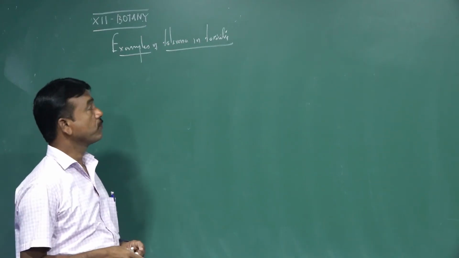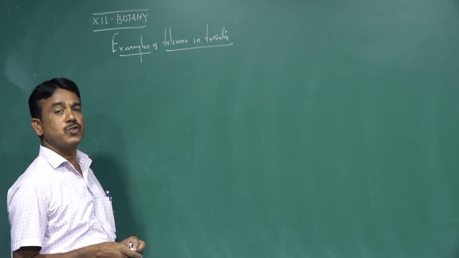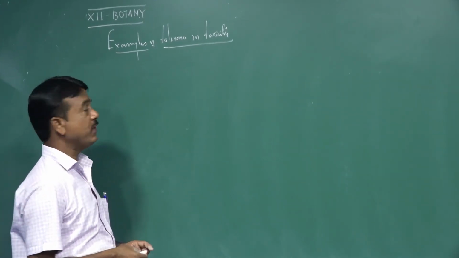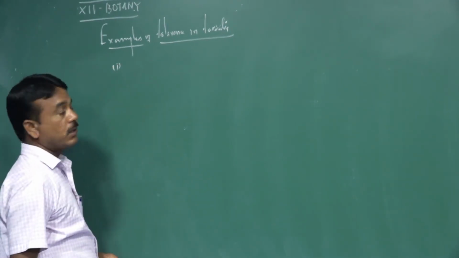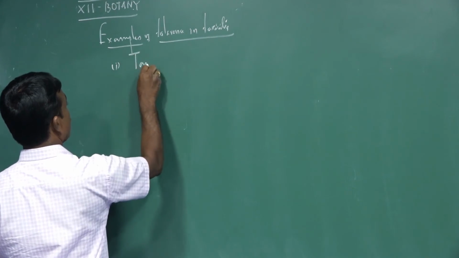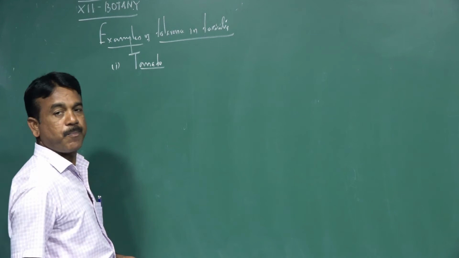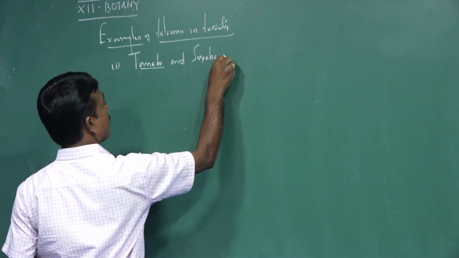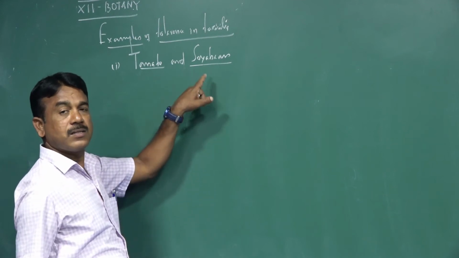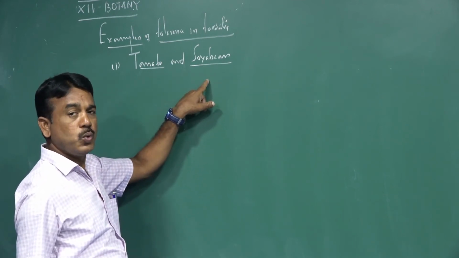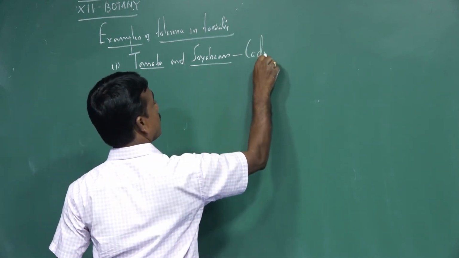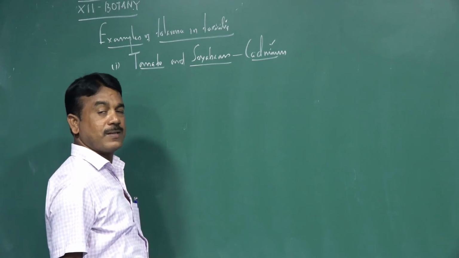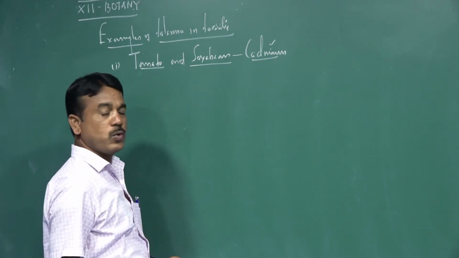Now I am going to discuss some plants that show tolerance to toxicity. The first ones are commonly called tomato and soybean. These plants have tolerance to the toxicity of cadmium. Cadmium is a poisonous element which can be present in tomato and soybeans.